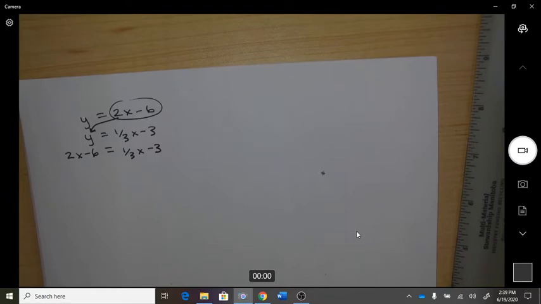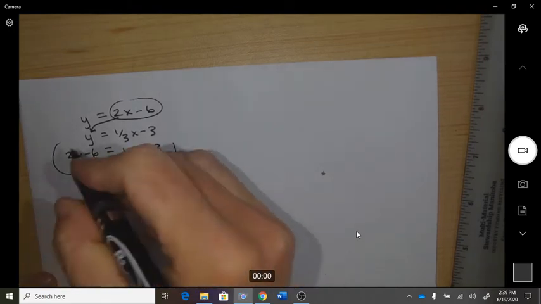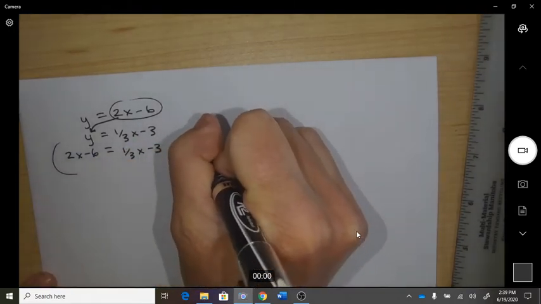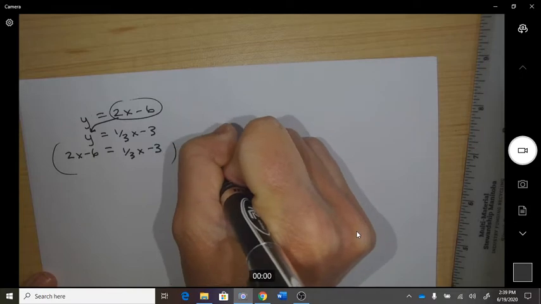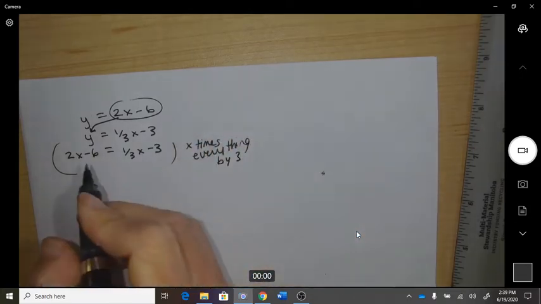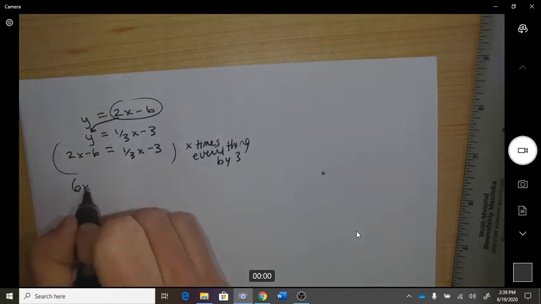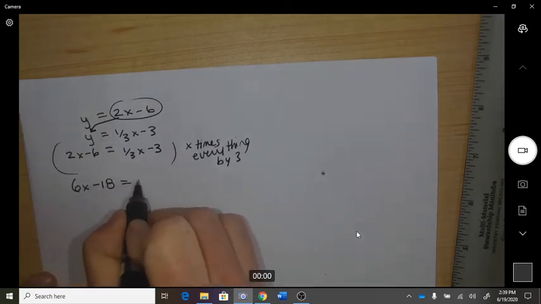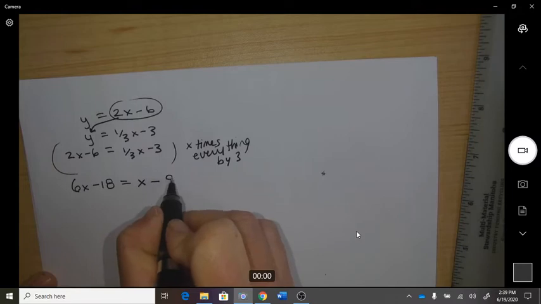Okay, so that fraction, I don't really like it, so here's what I'm going to do. I'm going to take everything and I'm going to be timesing everything by 3. So 6x minus 18 equals 1x minus 9.